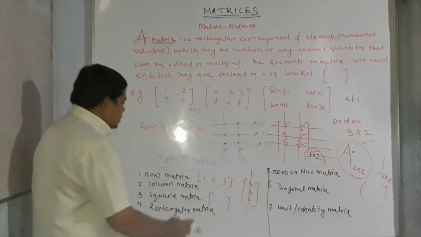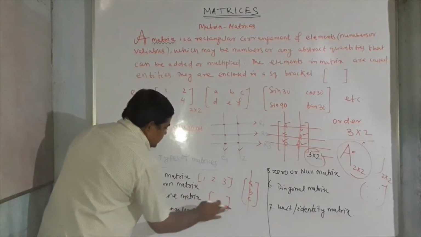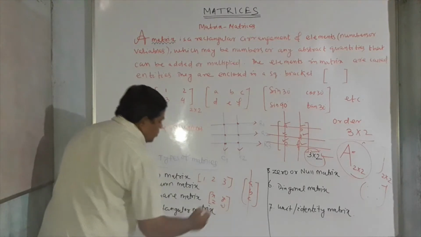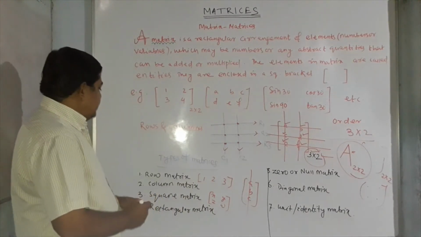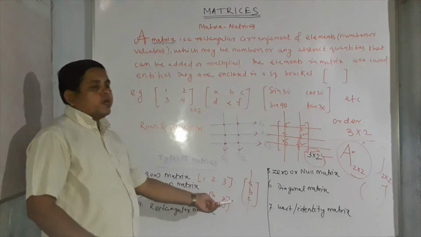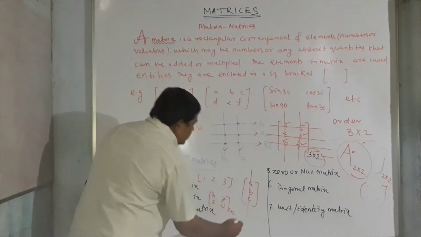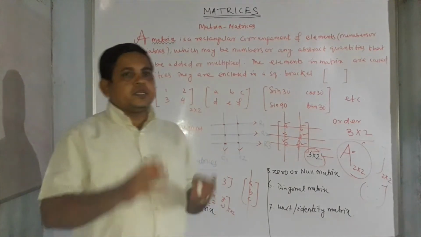Take an example. Here you write X, Y, Z and W, or any 4 numbers you take. That is a square matrix. Not only 2 by 2. This one is a 2 by 2 matrix, 2 rows and 2 columns. Another student will say, sir, write a square matrix of 3 by 3.